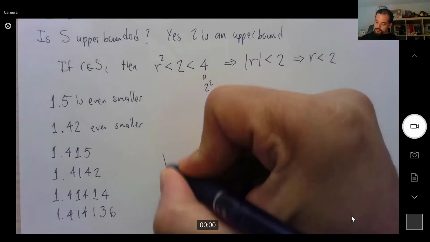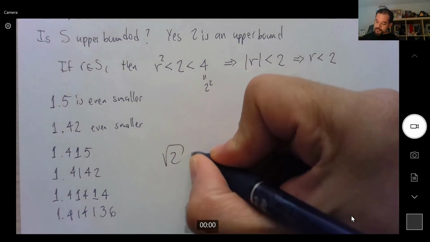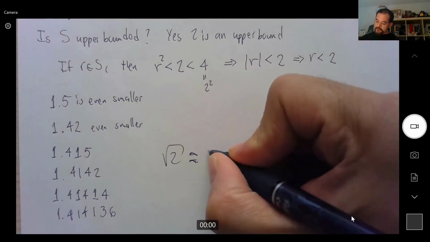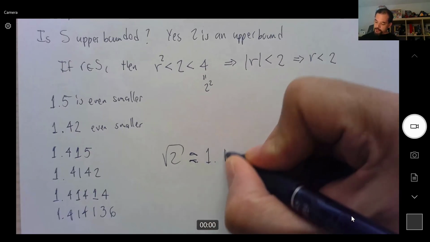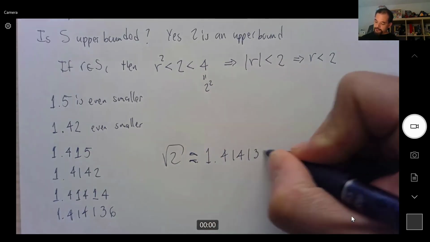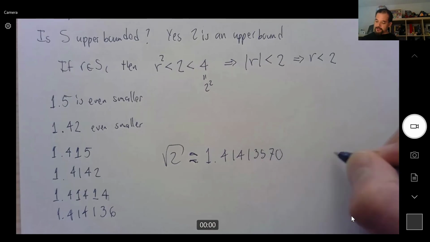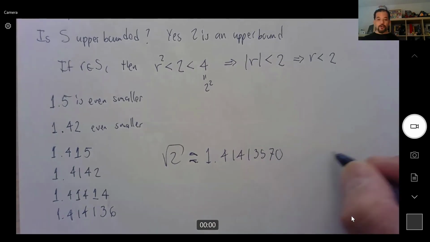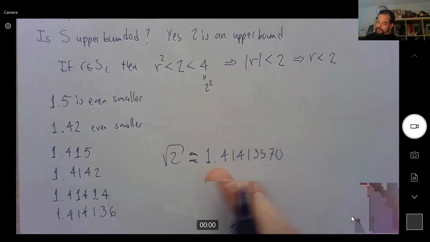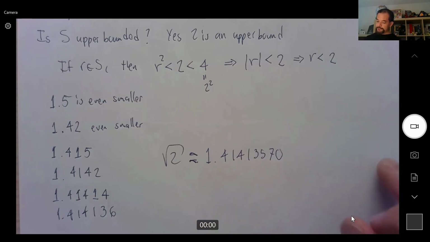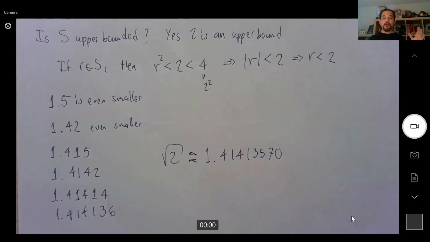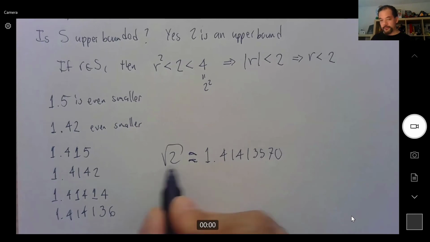The decimal digits of the square root of 2 are 1.41413570, etc. There's more, and it keeps going on and on. If I keep using more and more digits, I can get upper bounds that are smaller and smaller every time, but I will never reach the least upper bound, which is the square root of 2.